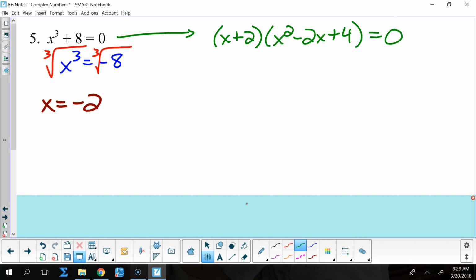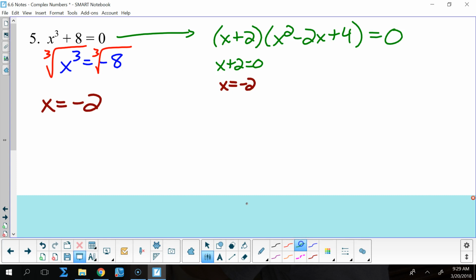Now, I don't expect you to remember that, but me as a math teacher, I remember how to factor the sums of cubes, right? So then this would say x plus 2 equals 0. So that gives me my x equals negative 2, right?